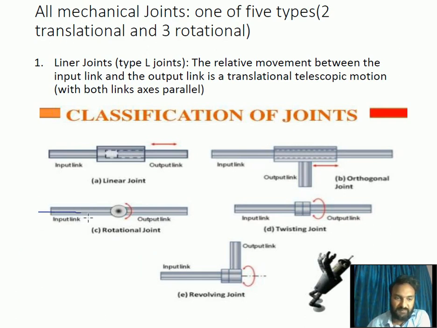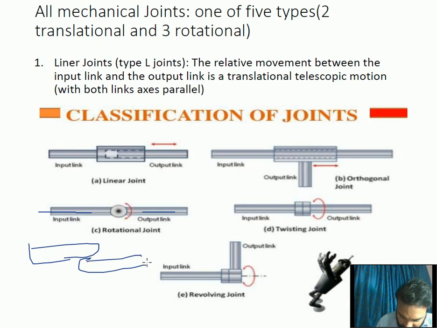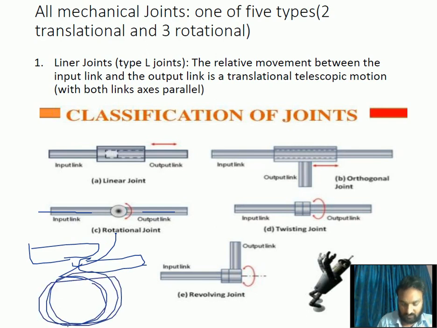Input axis, output axis, this is not visible clearly, but you can understand it again this way and this way. It is not necessary that both are in the same plane or collinear. So the motion would be like this, a rotating type of motion, this link will move this way.